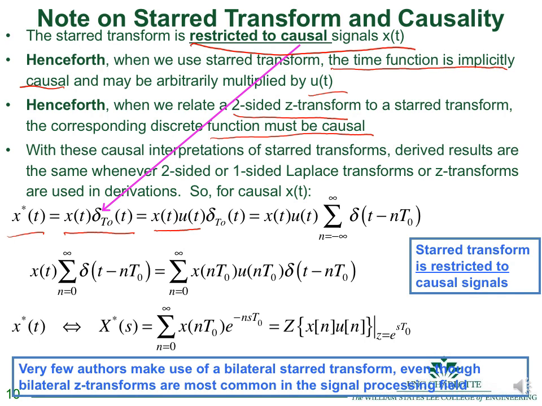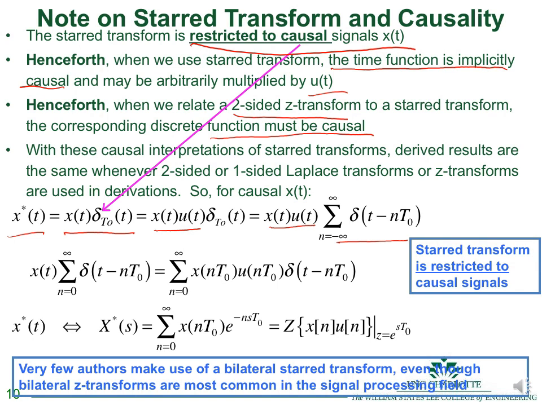Often we retain the minus infinity to infinity because the Fourier transform of that infinite impulse train gives that function, an impulse train in frequency, that is often just useful to use.